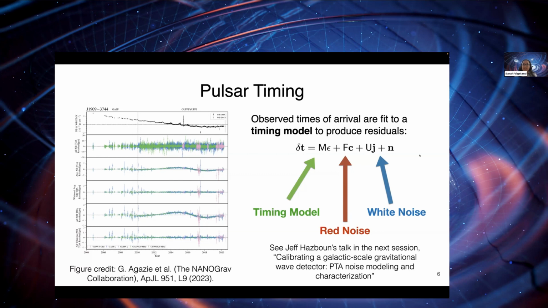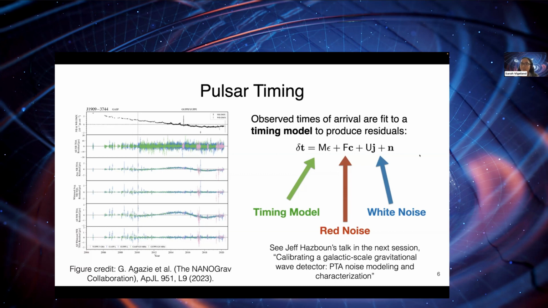Now, when you're thinking about the residuals, you can think of them as having different contributions from different effects. One comes from marginalizing over the timing model. One comes from the effect of white noise, which includes radiometer noise. And the final one is red noise. Red noise is an astronomy term, which means noise where there's more power at low frequencies than high frequencies.